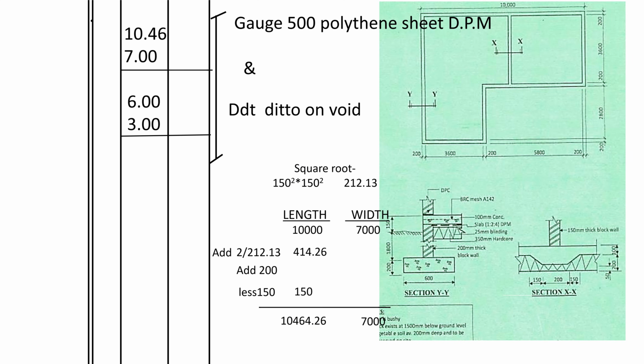The DPM shall be applied on top of the Maram blinding, but it shall include the walls. So for the dimensions for the Maram blinding, you add 0.4, and also for the width the same. Then you deduct 6 meters by 3 meters for the void.